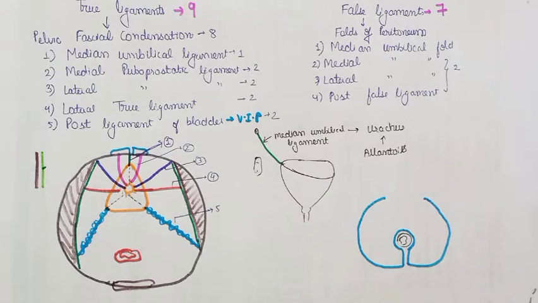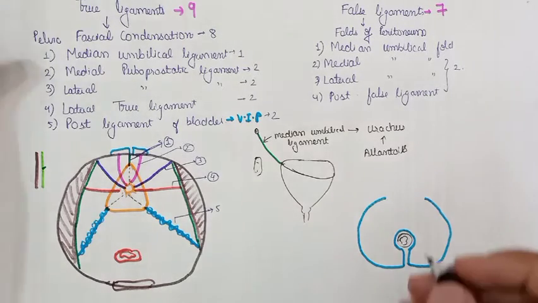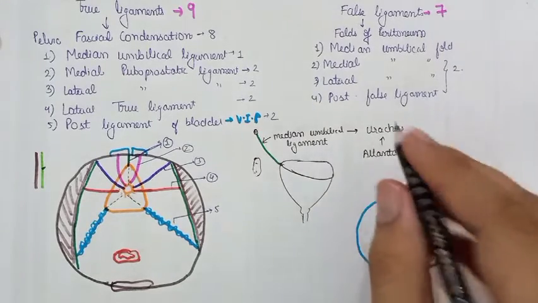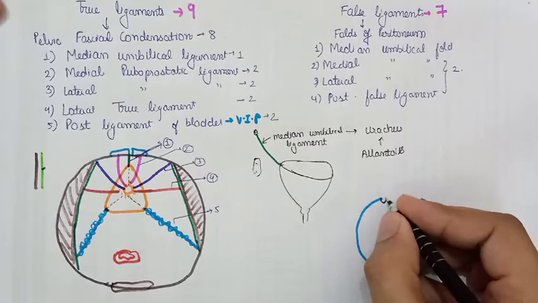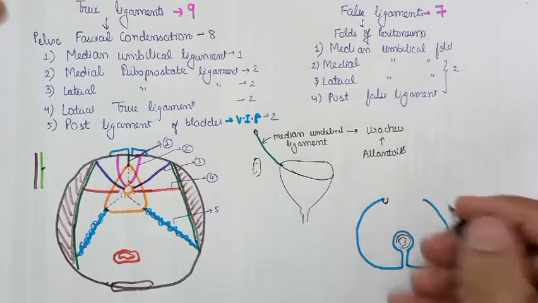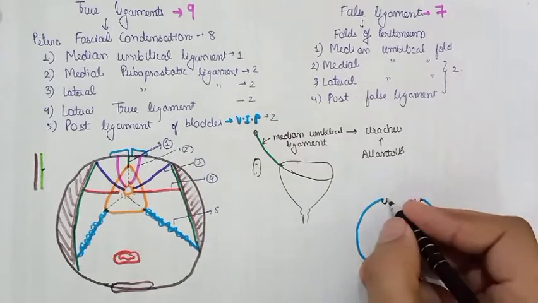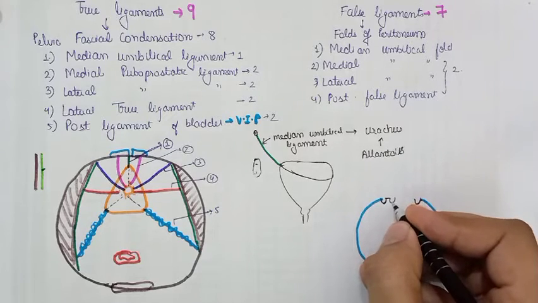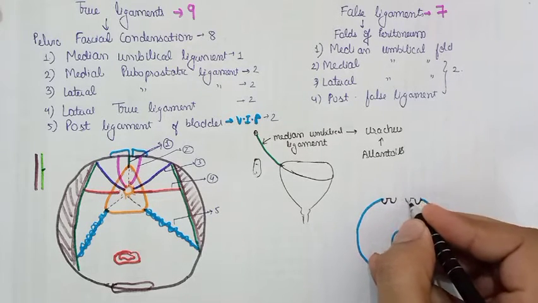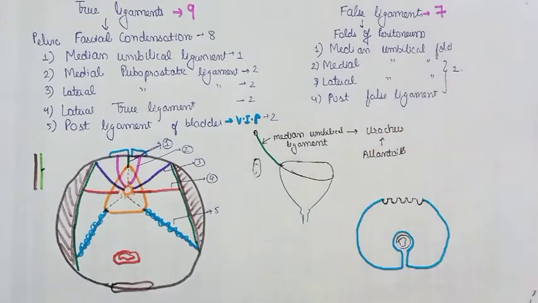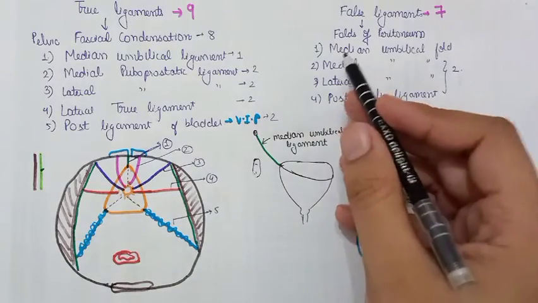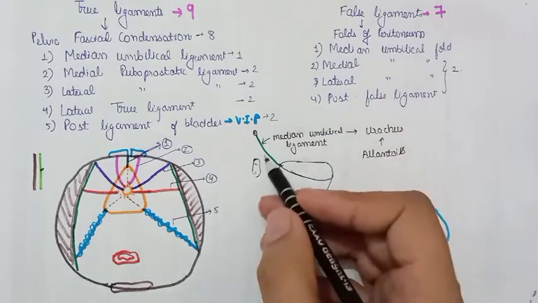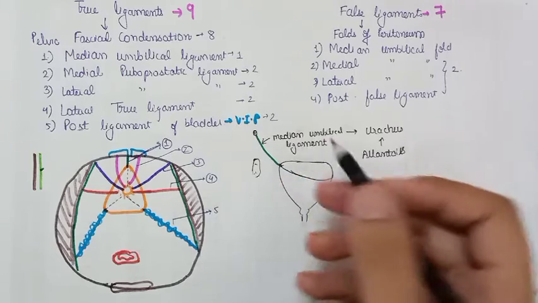The anterior aspect I am drawing with a different color, so you can understand how the different folds are present. On both the lateral sides, there is a U-shaped depression or a gap. On both sides you can see the medial umbilical fold, and in the center the fold present is called the median umbilical fold. This fold is formed due to the presence of the median umbilical ligament.